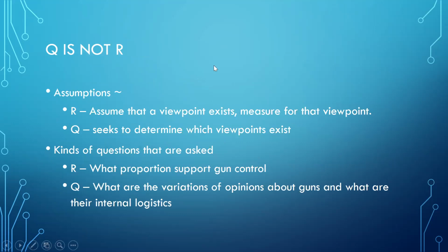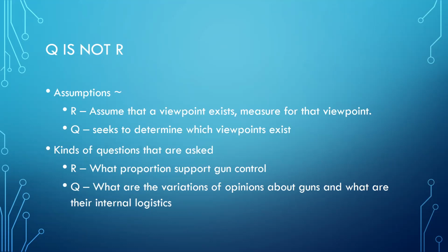There are differences between R research, your factor analysis, and Q methodology. And so these are a couple of different ways in which Q is not like R. In R, there's an assumption that a particular viewpoint exists. So for example, the viewpoint might be, we should get vaccinated for COVID-19.